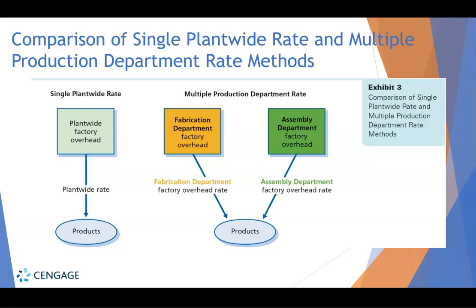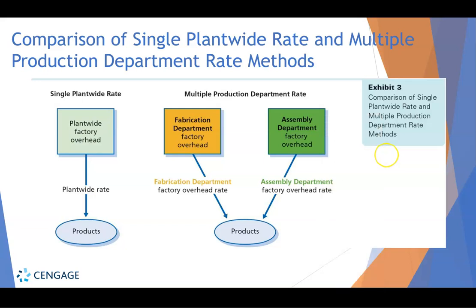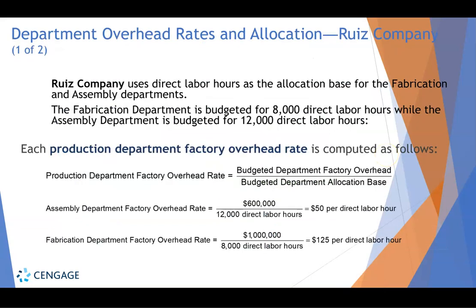Now, if we take a single plant-wide rate, we use it for all the products. Whereas when we have multiple production department rates, we're going to be a lot more precise with how we apply them per product. So Ruiz company uses direct labor hours as the allocation base in the fabrication and assembly departments.